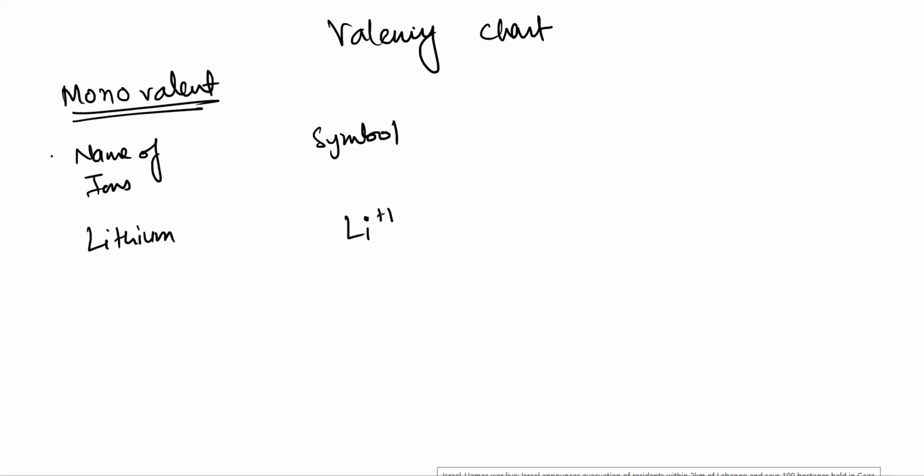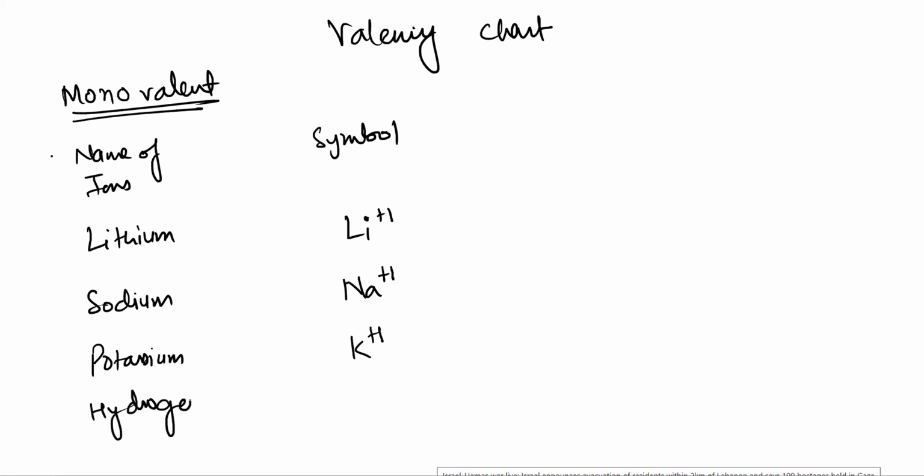Then the next one is sodium, Na1 positive. 1 positive means it has +1 valency. Lithium, sodium, potassium is K1 positive. Then hydrogen, H1 positive.